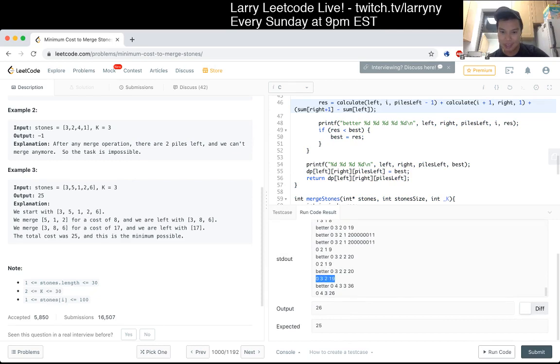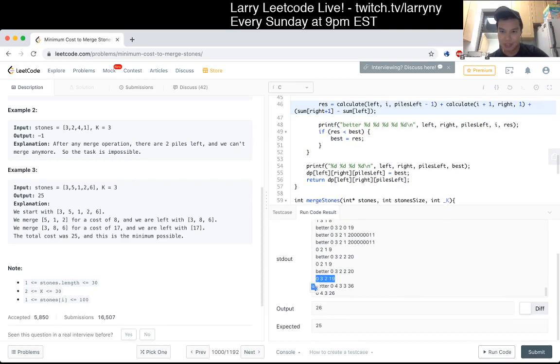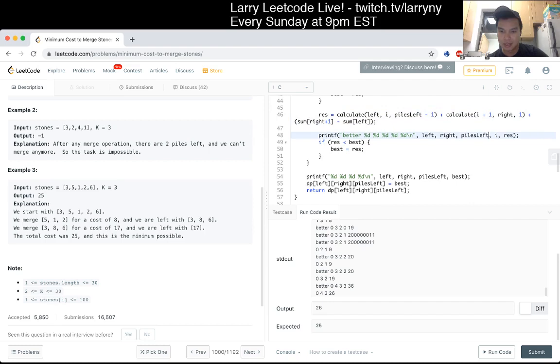Because if this is the case, then you merge that with 4, 4, and 1. I guess if this is 19, then you have to merge all that. Am I doing this wrong?